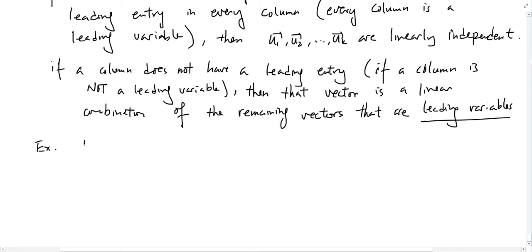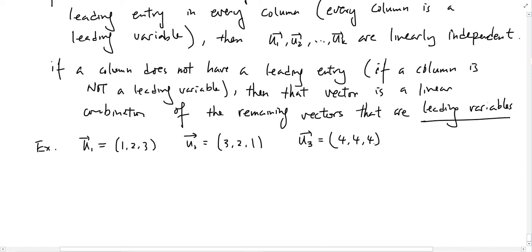Let's say we have three vectors. Let's say vector u1 is 1, 2, 3. And vector u2 is 3, 2, 1. And then vector u3 is going to be 4, 4, 4. Now, it shouldn't be too hard for you to figure out that if you add 1 and 2 together, you get 3, just like the other example that we have. What I want to show you is what happens to the matrix that we form.